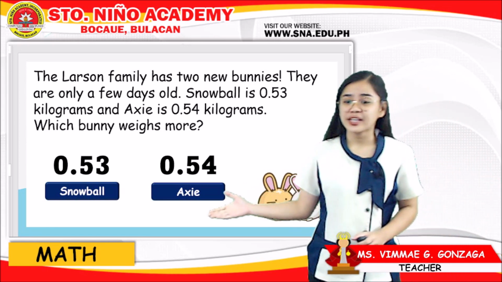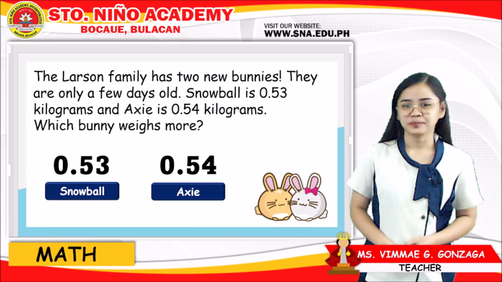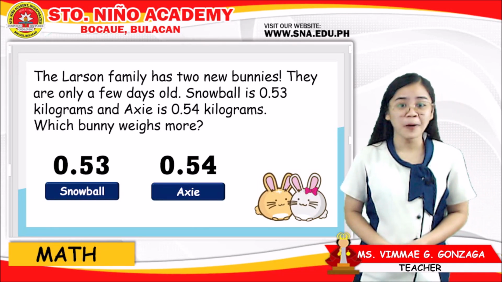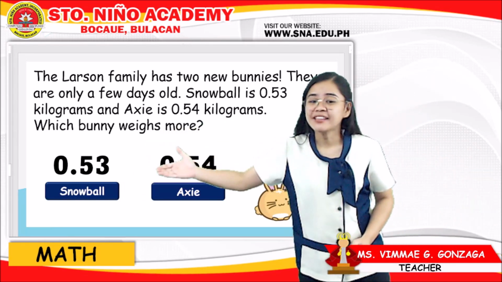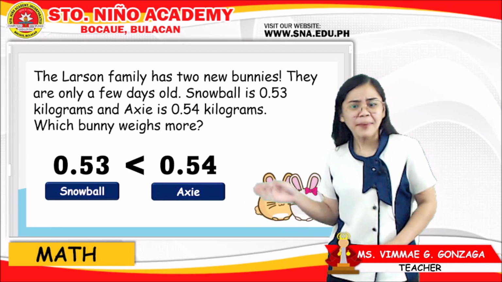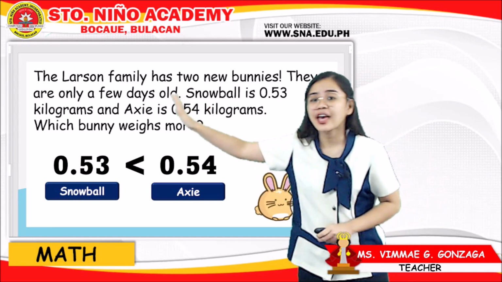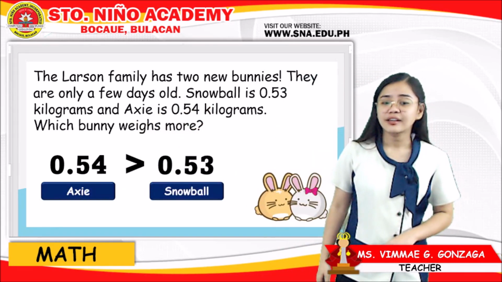Which of these two bunnies weighs more? Okay, syempre, sino po? Si Axie. Snowball is less than Axie. At kung pagpapalitan naman sila natin ng position, mapupunta si Axie sa inyong left side at si Snowball naman sa right side.